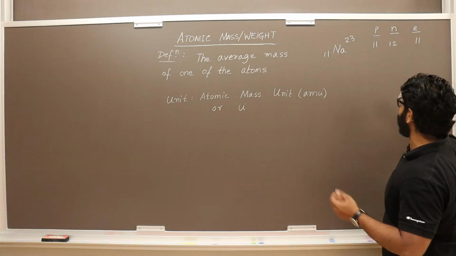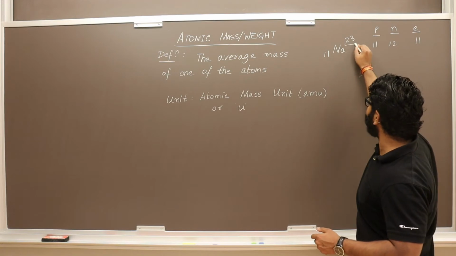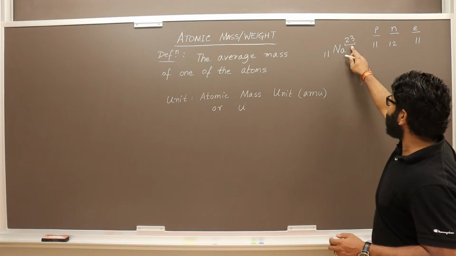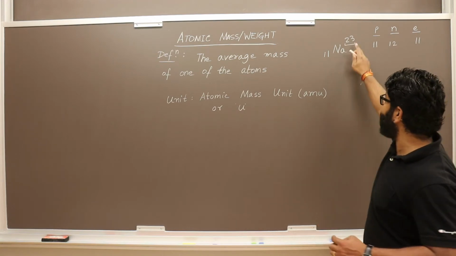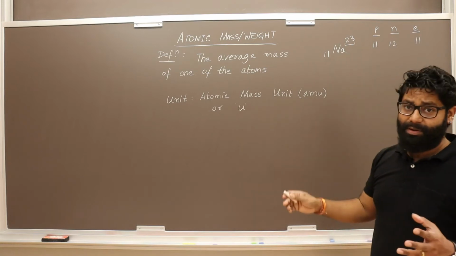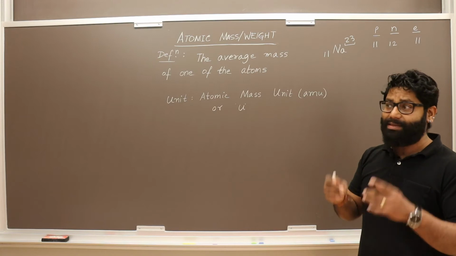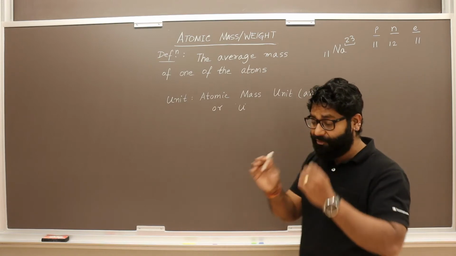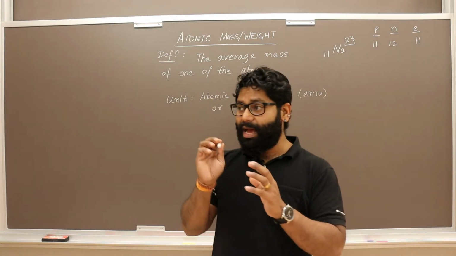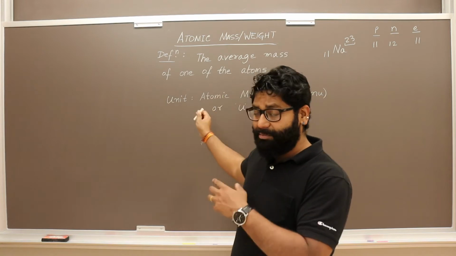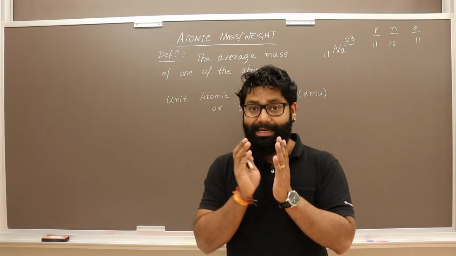Now, we briefly saw that the mass number, when expressed in grams, gives you the atomic weight. Now this has a very specific connotation, and we will try to understand what that exactly means.